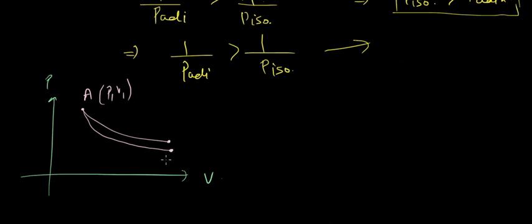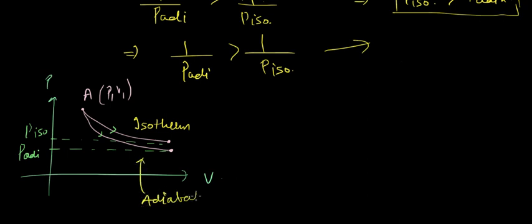So in this, this point is P isothermal and this point is P adiabatic. Okay, the upper curve is isotherm and the lower curve is adiabatic curve. And we already have mentioned that final volumes are assumed to be same.